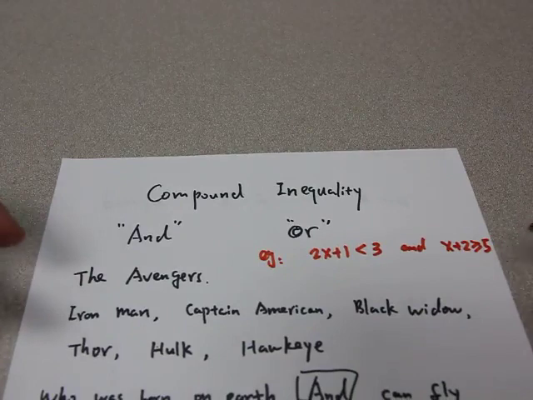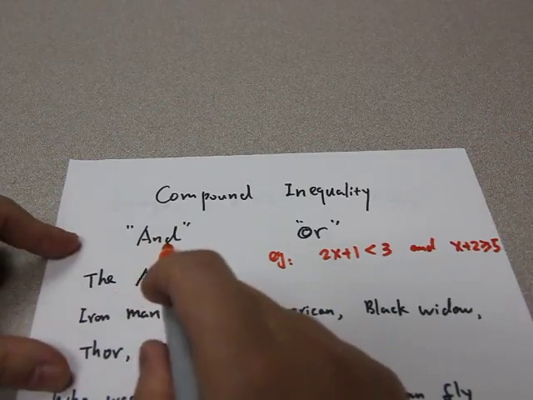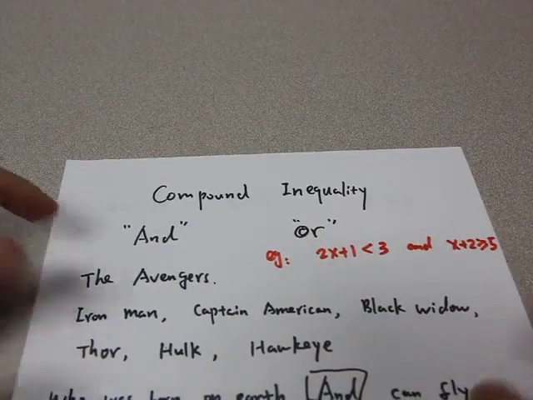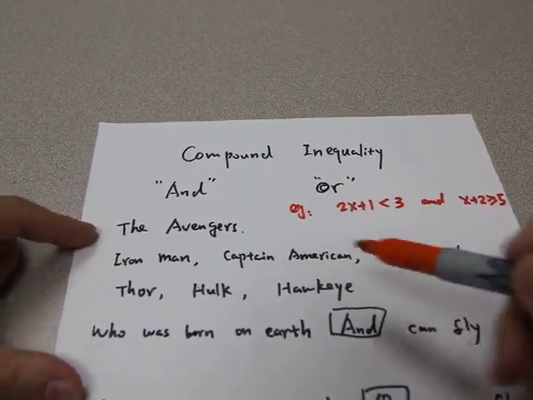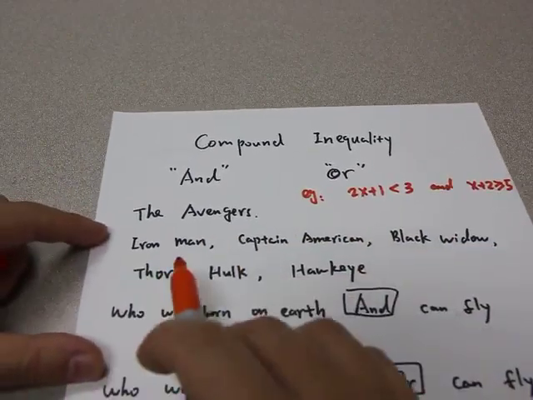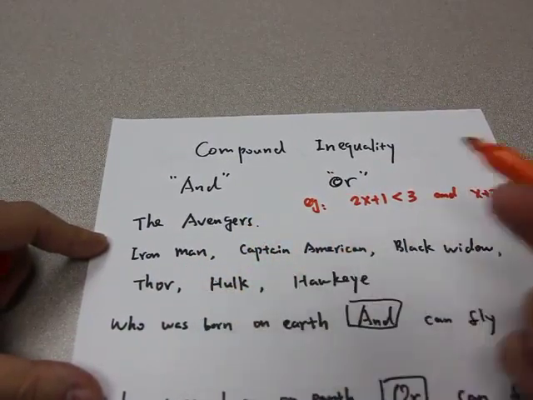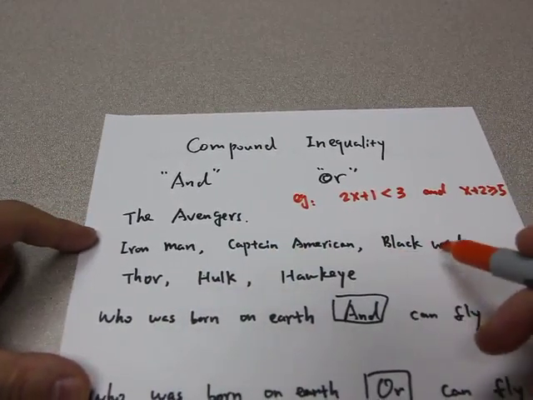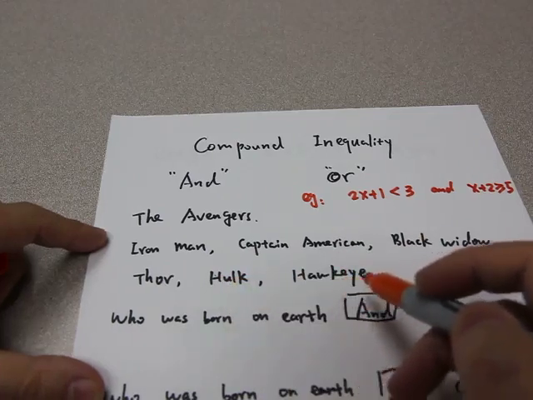Now, when we solve a compound inequality, the key point is to understand what the difference is when we use the word "and" and when we use the word "or". To help you understand the difference between these two words, let me use this example. We know that the members of the Avengers are these six persons: Iron Man, Captain America, Black Widow, Thor, Hulk, and Hawkeye.